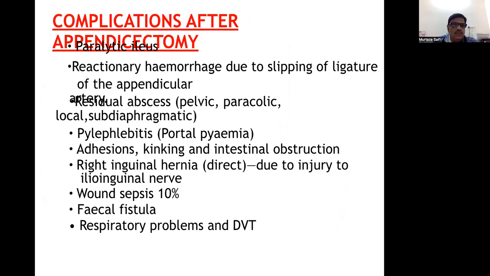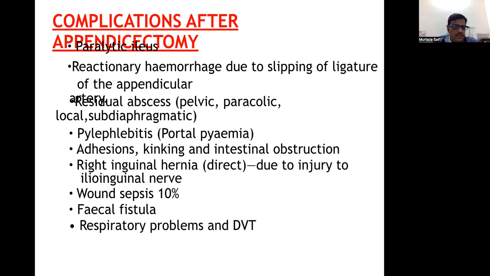Complications after appendicectomy, the main one is paralytic ileus. Second, reactionary hemorrhage due to slipping of the ligature of the appendicular artery. Residual abscess, pelvic, paracolic or subdiaphragmatic abscess.